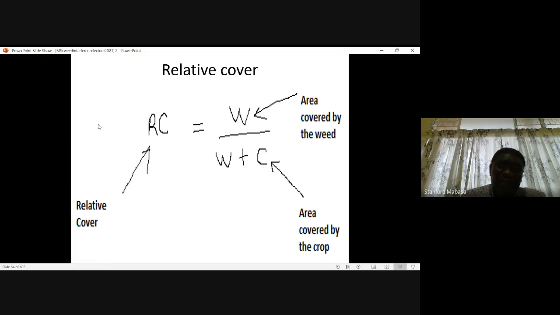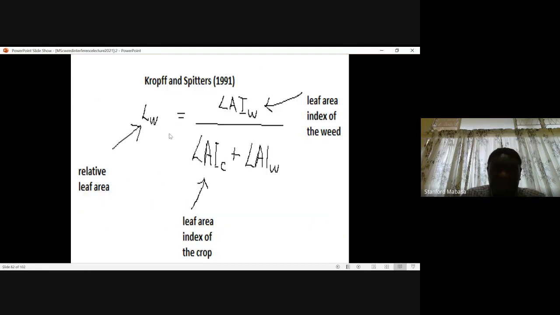They also proposed that instead of relative leaf area, one can use relative cover. Now, with relative cover, you don't need special things to estimate leaf area. But with the leaf area method, you may need to really measure leaf area, and it can be time consuming to do this.